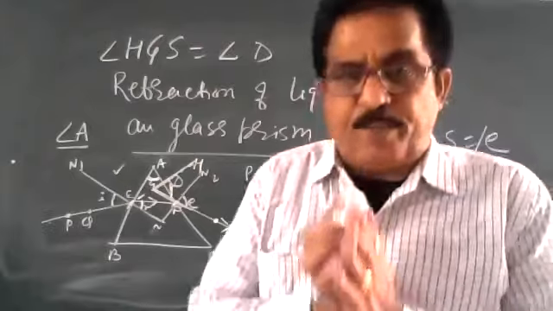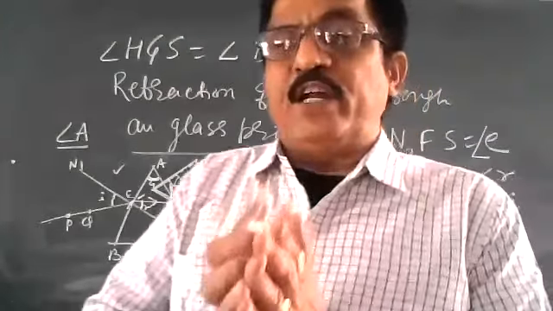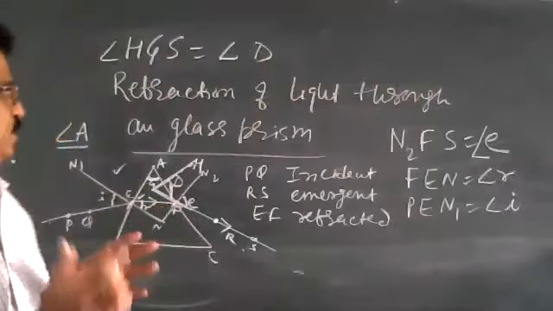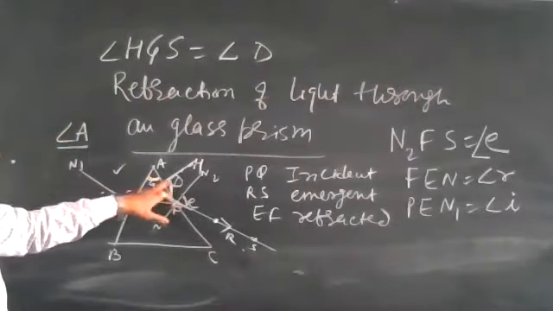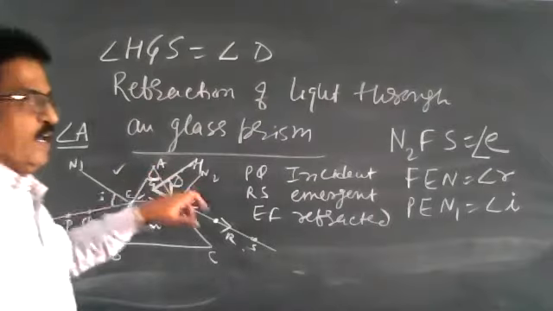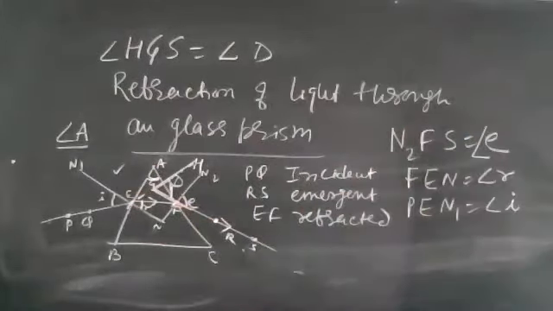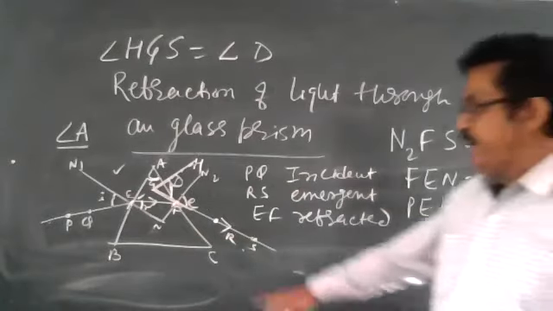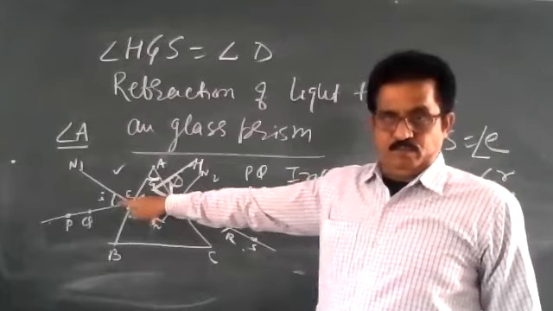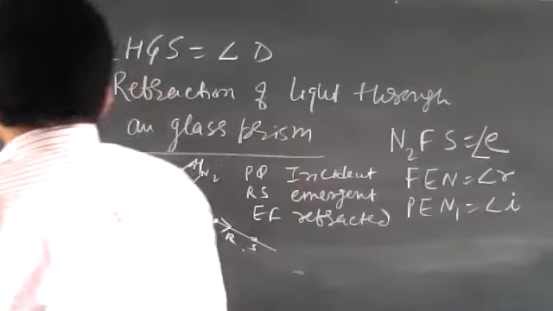Second one is the nature of the material of the prism. First, the deviation depends on the angle of prism. Second, it depends on the nature of the material of the prism, and angle of incidence, the angle of incidence of the ray on one face of the prism.